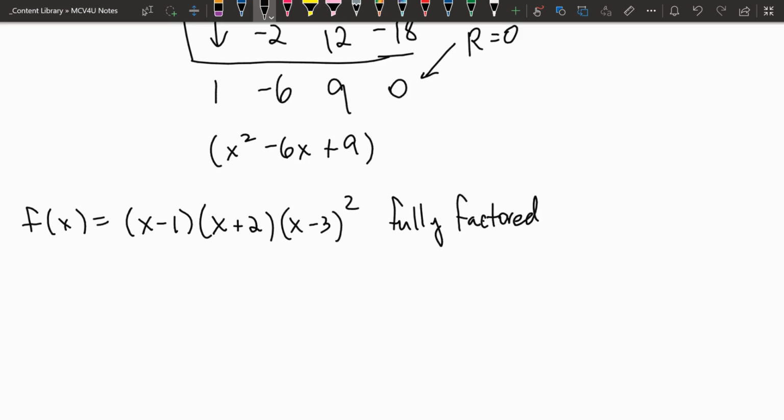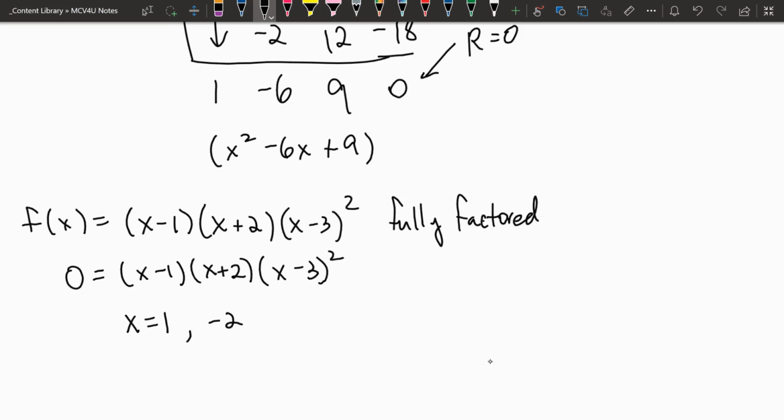And from this form, I can obtain my x-intercepts. So where 0 equals x minus 1 times x plus 2 times x minus 3 squared, we have x equals 1, negative 2, and 3.